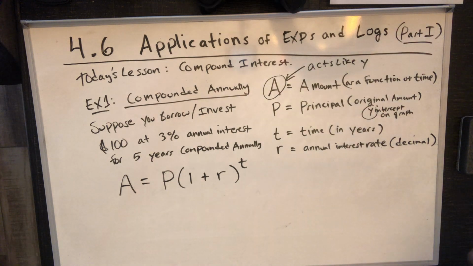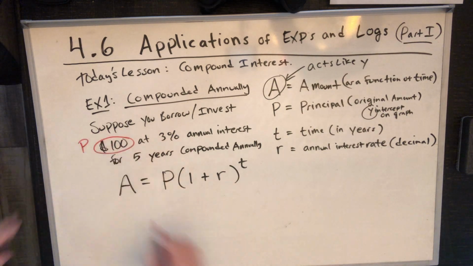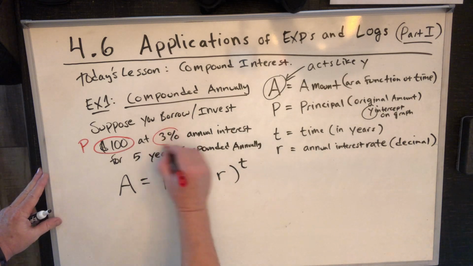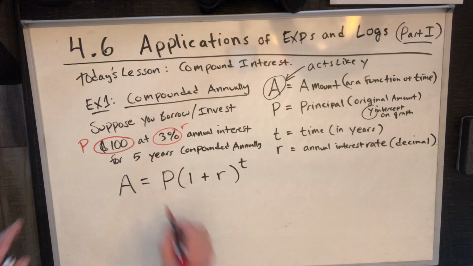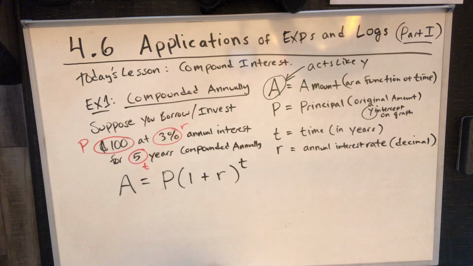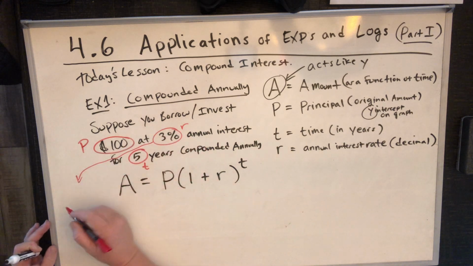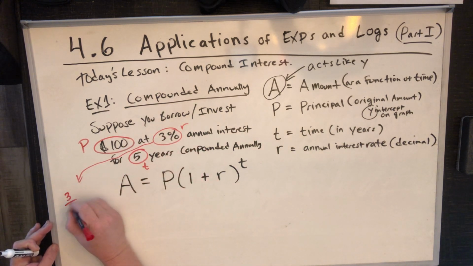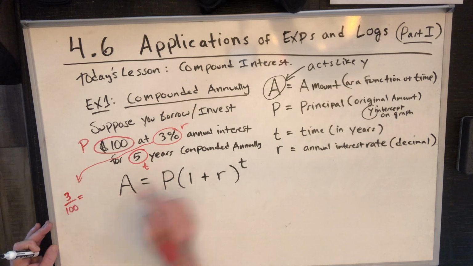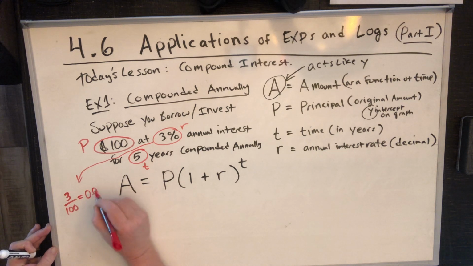So we have our principal, that's P. We have our interest rate, that's R. And we have our time, that's T. Keep in mind that your interest rate is a decimal, so I like to write it as a fraction first. 3% means 3 divided by 100, percent divided by 100, as a decimal is 0.03.